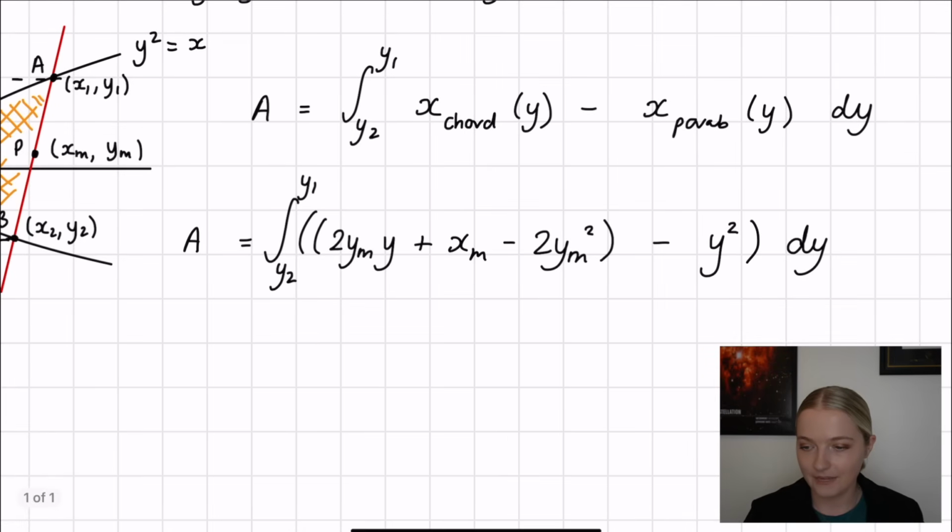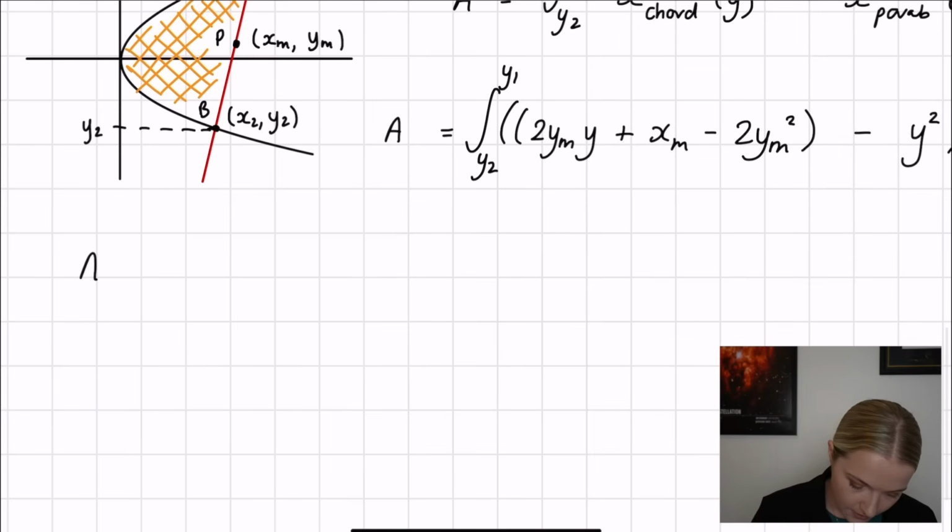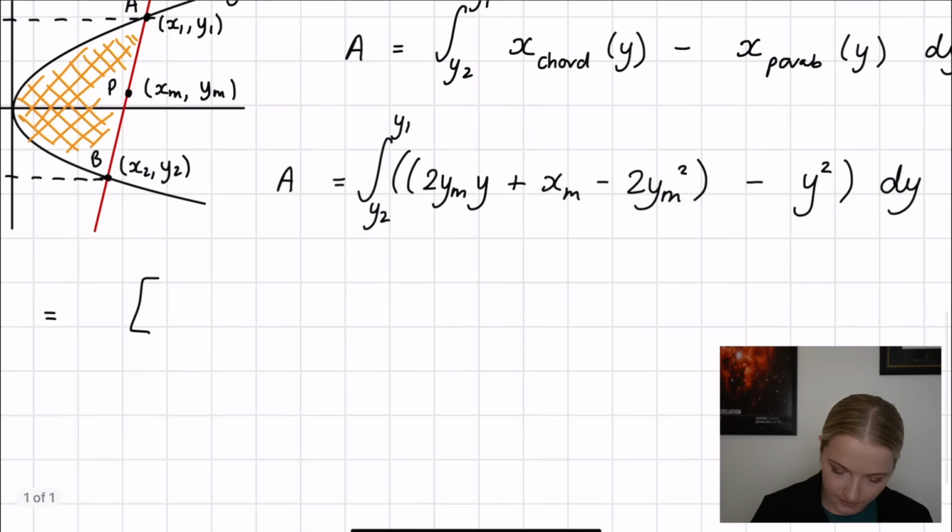Amazing. Now if we integrate this, let's integrate each of these. We wouldn't have 2y, we'd have y squared multiplied by a half. So we'd have ym multiplied by y squared, minus, we have two constants here.